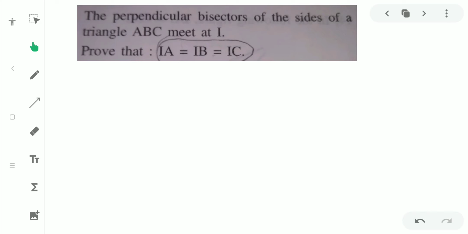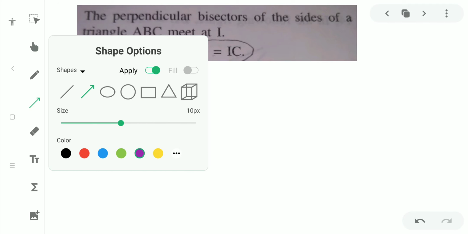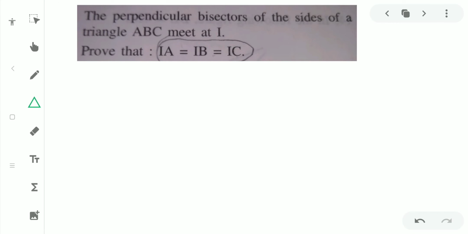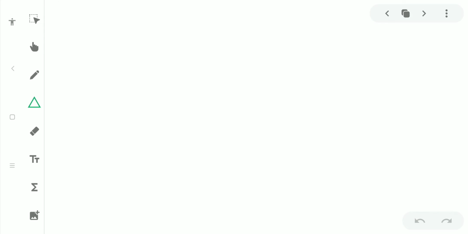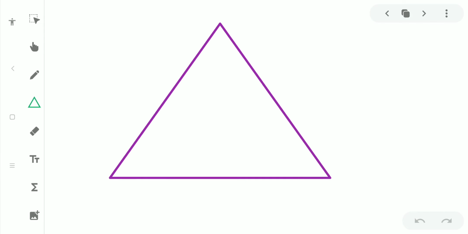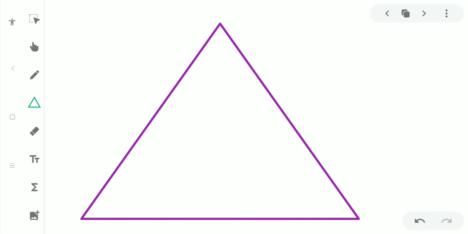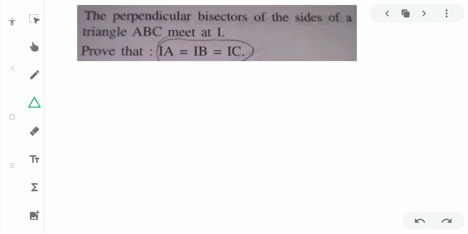So now we have a triangle. I'll draw it here. The perpendicular bisectors of the sides of a triangle meet at I.